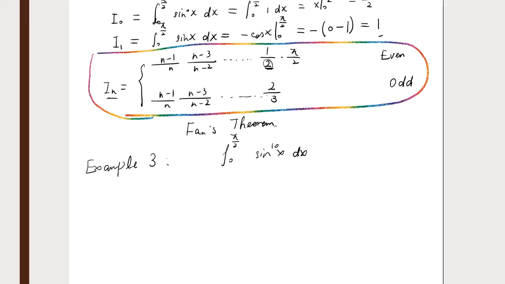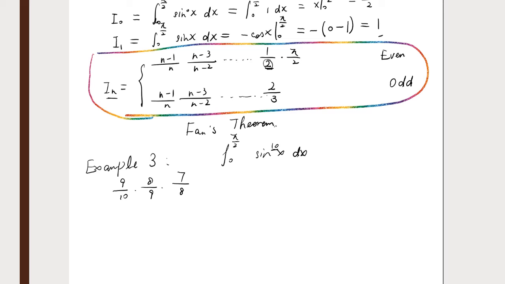So from the theory, because we have an even number here, we have 10. We have 9 over 10 times 8 over 9 times 7 over 8 and so on, all the way to, okay, I will write everything down here.